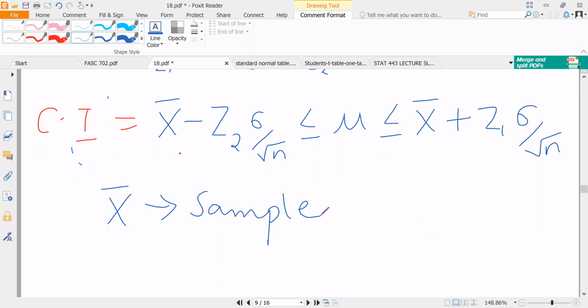So for this expression here, you can use it when sigma is known, when you know the population variance. You can use this particular approach of calculating the confidence interval. So this interval is used when the population variance is known.